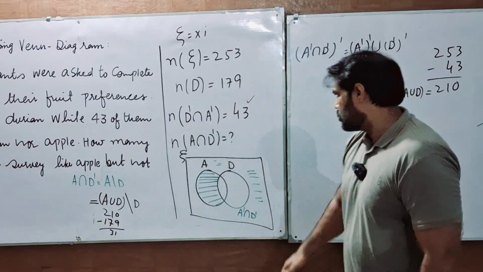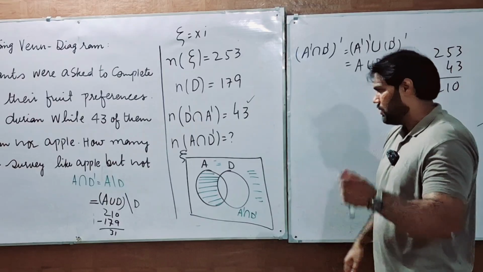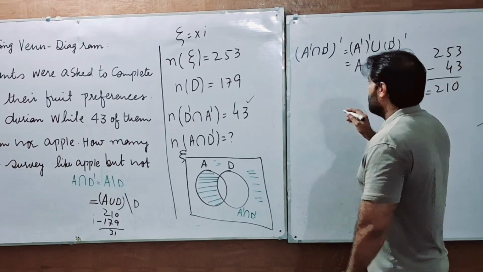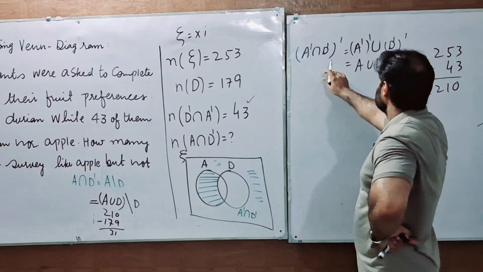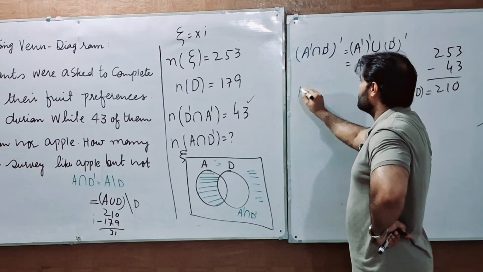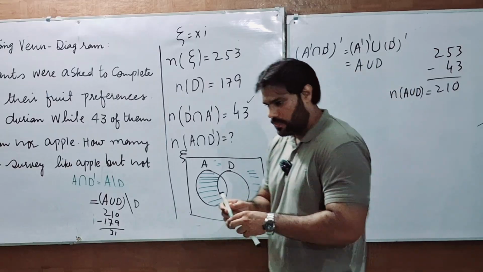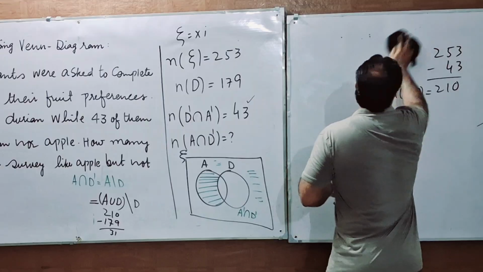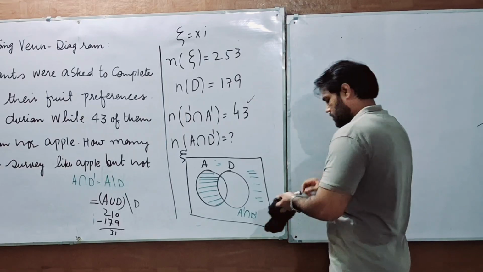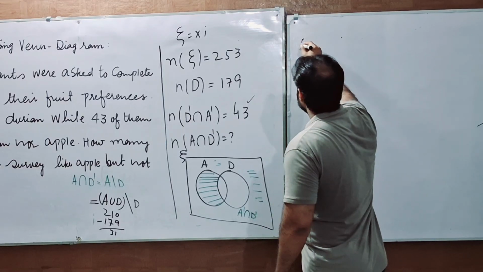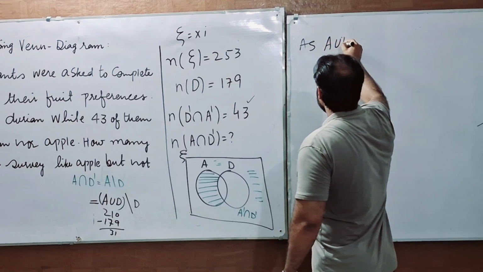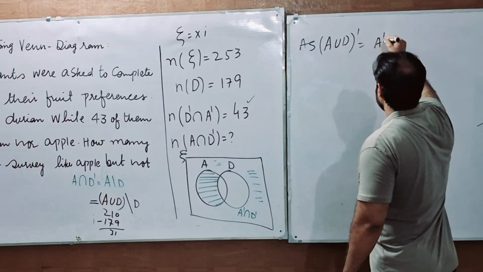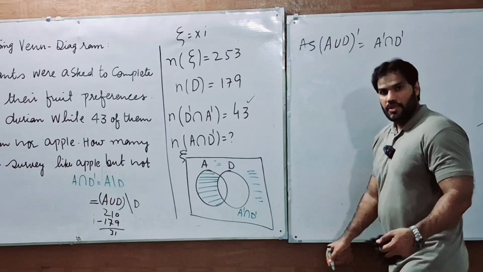So if you solve this question properly by mathematical steps, firstly you will mention that A union D whole complement, by using De Morgan's law, is equal to A complement intersection D complement.